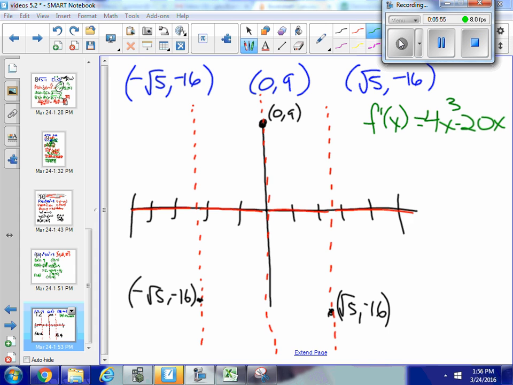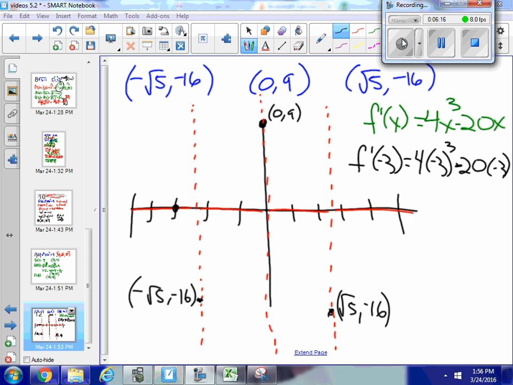So let's pick a point. Let's pick one over here in this first interval on the left, -3. So I want f prime of -3. Well, that is equal to 4 times -3 cubed minus 20 times -3.